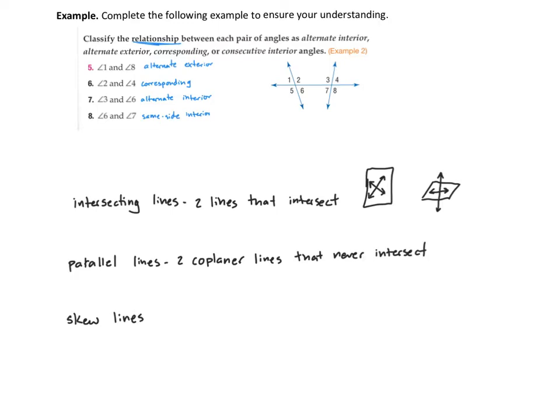Two coplanar lines that never intersect. So make sure that when you're looking for parallel lines, you check whether the two lines are coplanar. Now skew lines are two non-coplanar lines that never intersect.